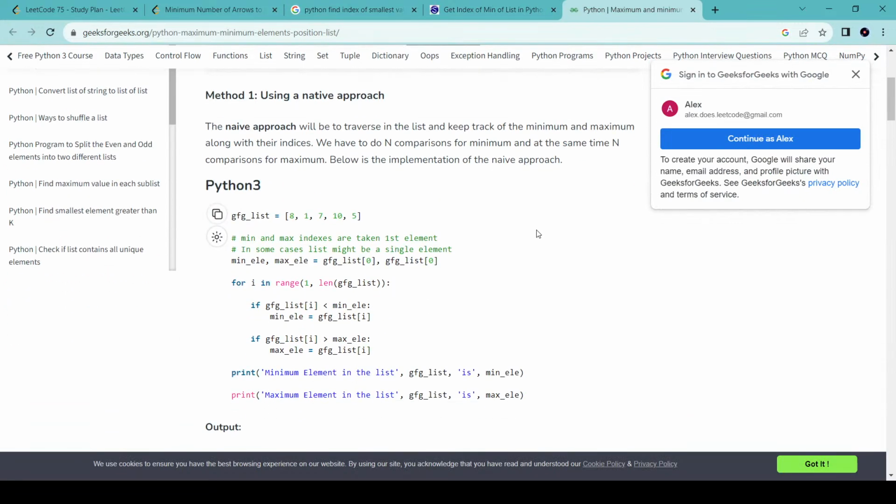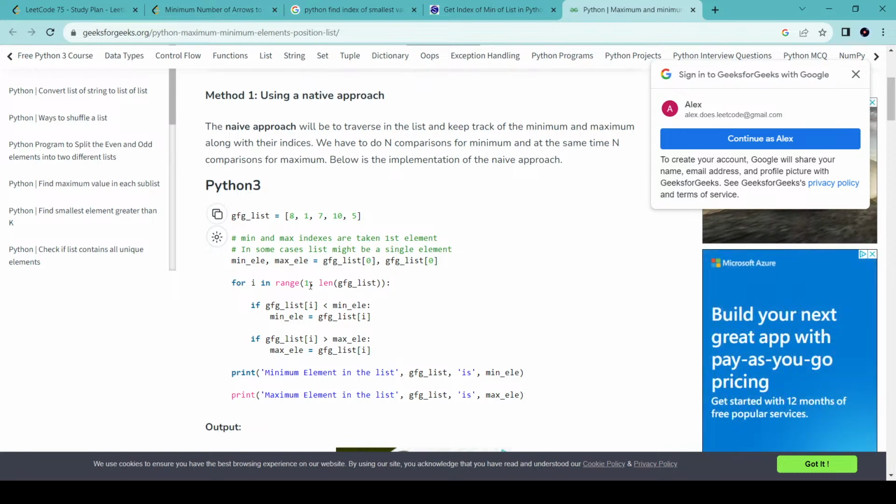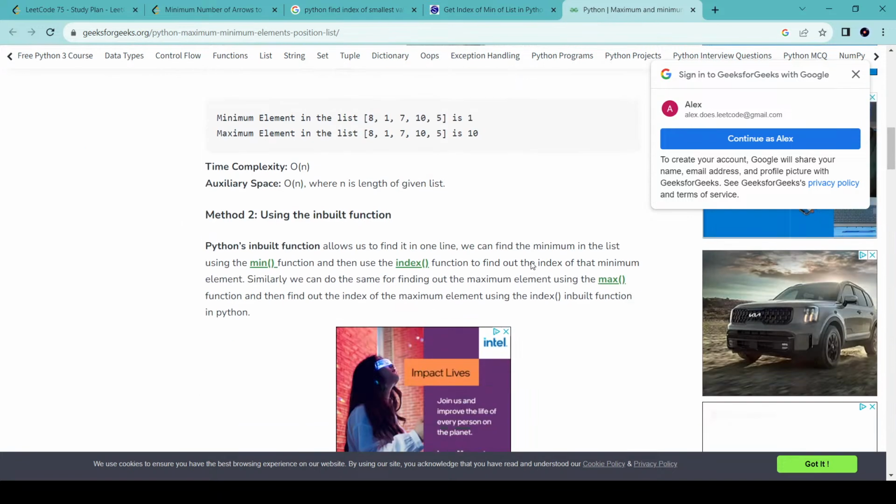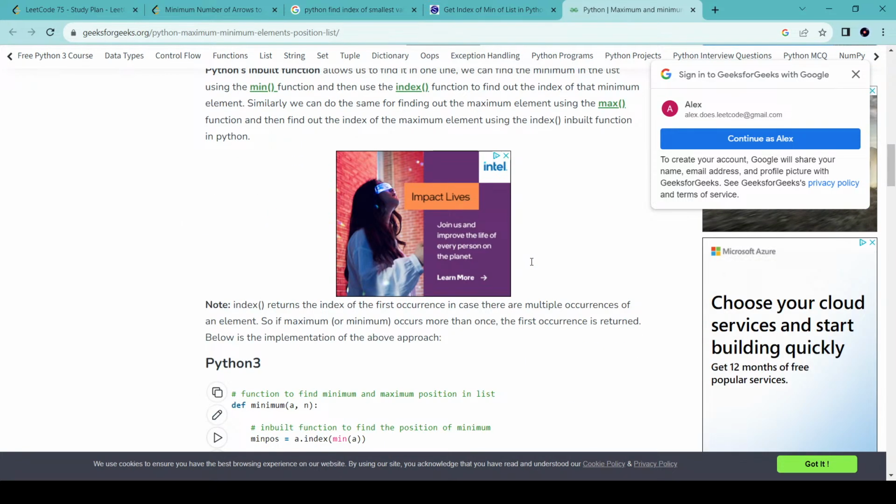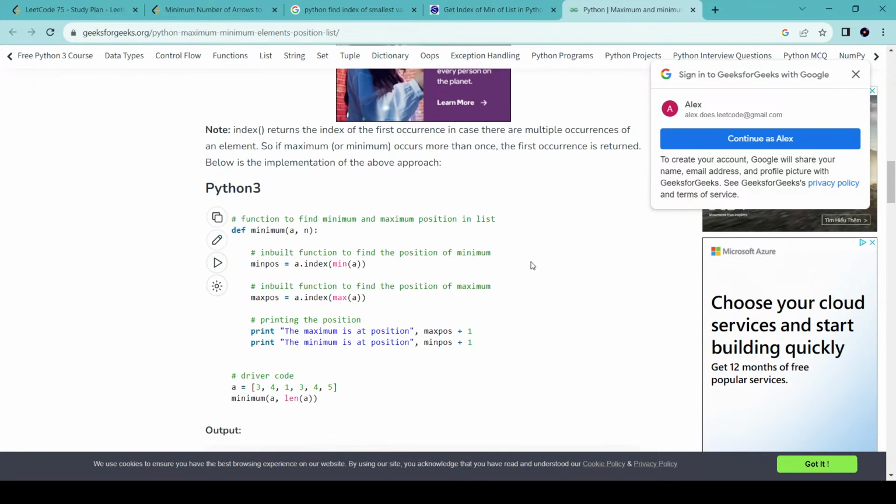Let's see, what's the most Pythonic way to do this? Built-in function. Okay, this might be a little bit slower. So it says here min_pos equals a.index(min(a)).